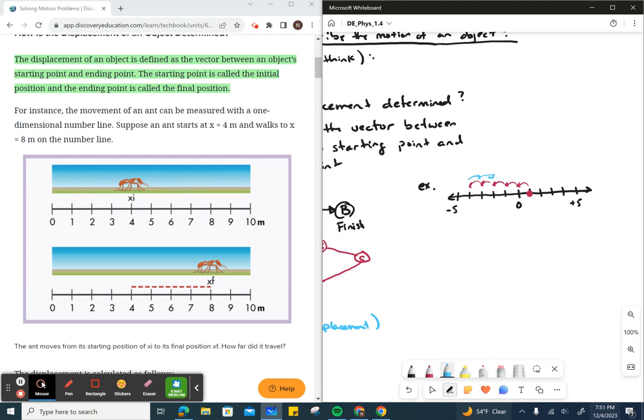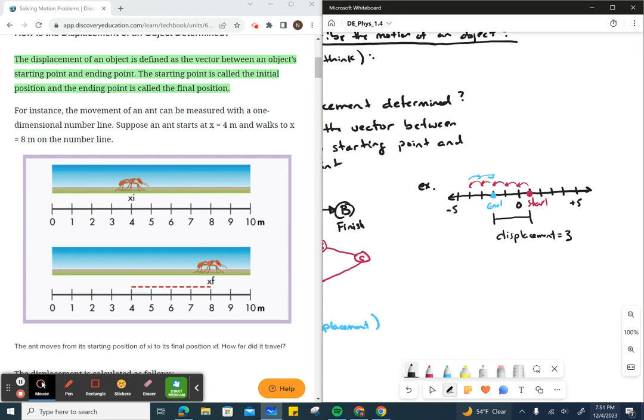What is my displacement? If this is my finish point, this is where I end, and this is where I start, what's the distance between those 2 points? It's 1, 2, 3. So my displacement in this case would equal 3, just the distance from start to finish.